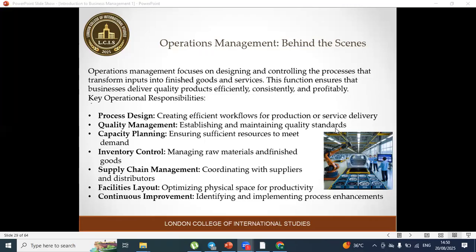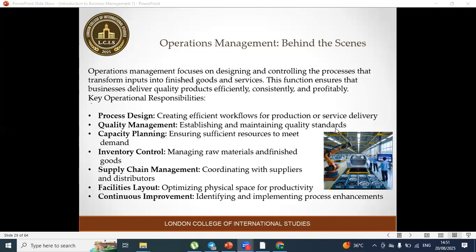Key operational responsibilities. First one is process design, creating efficient workflow for production or service delivery. Quality management, establishing and maintaining quality standards. Capacity planning, ensuring sufficient resources to meet demand or request.